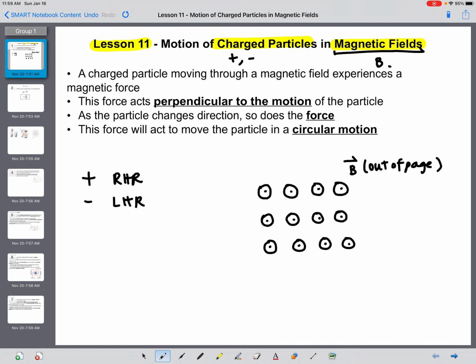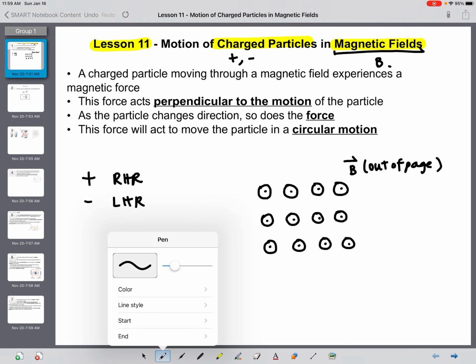What that means is, if this paper is flat on the table in your room, your magnetic field is going to be from the floor pointing upwards towards the ceiling.